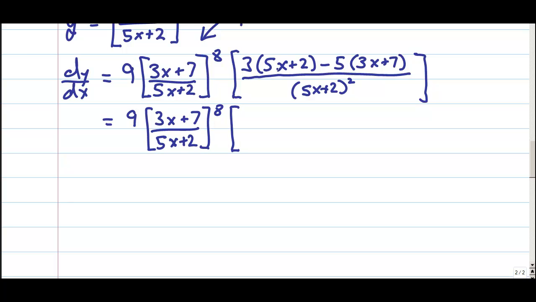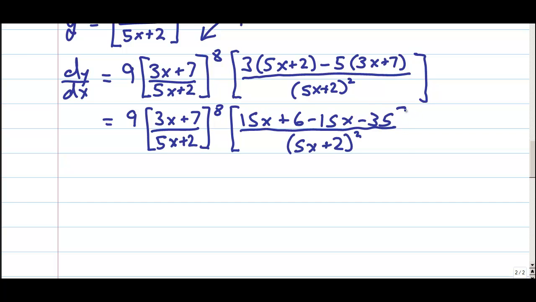Let's see what we've got in here. I've got 15x plus 6 minus 15x minus 35. So I just multiplied out everything.